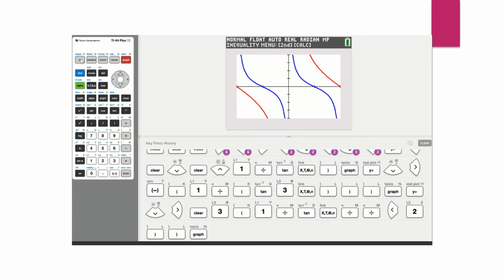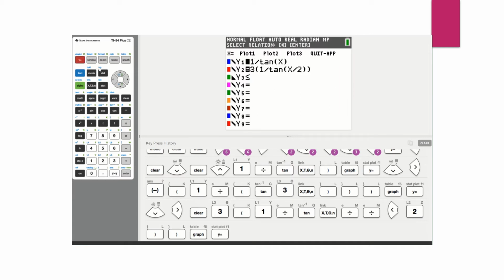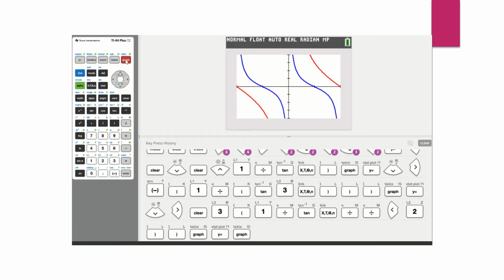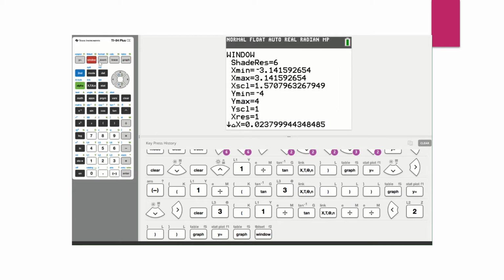Let me go back in here. I think I don't like the way that looked. Try it again. Let me change my window setting. I think that's going to change the way that's going to look. I've got it set at negative pi and positive pi, and now my period, because of that x over 2, is going to be 2 pi.